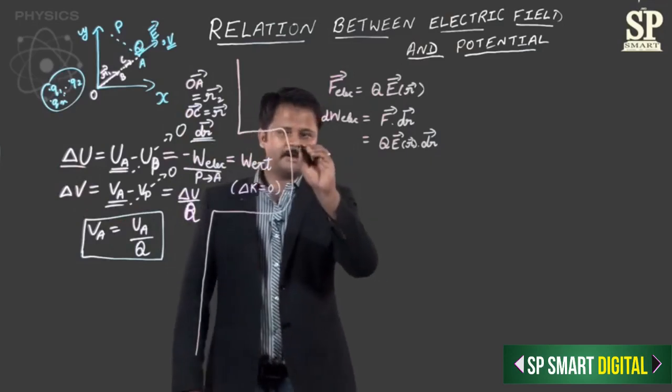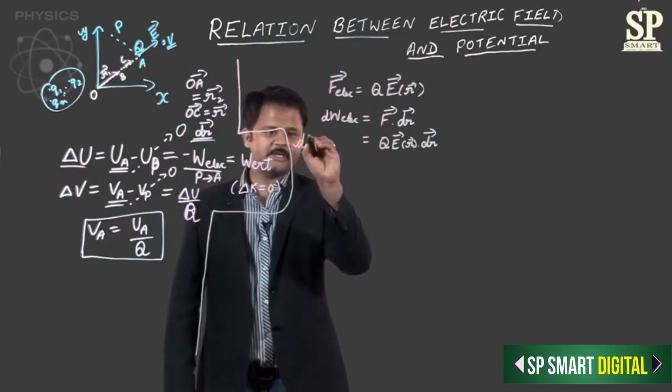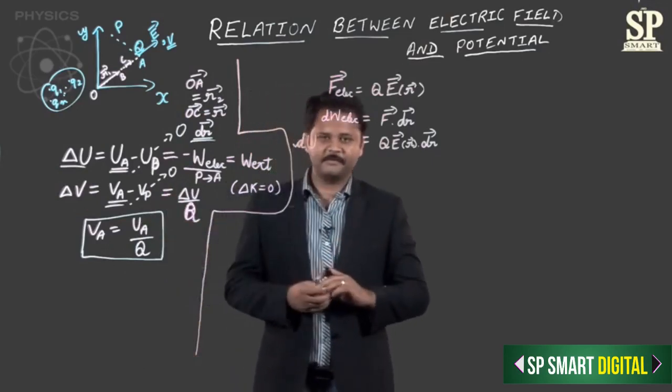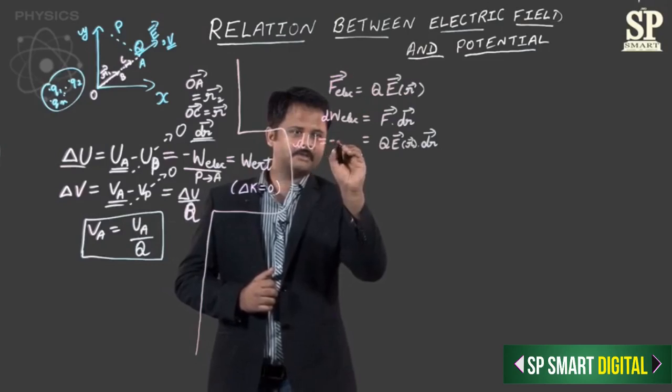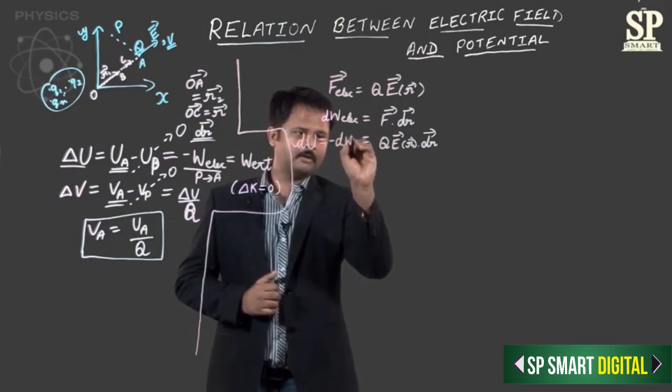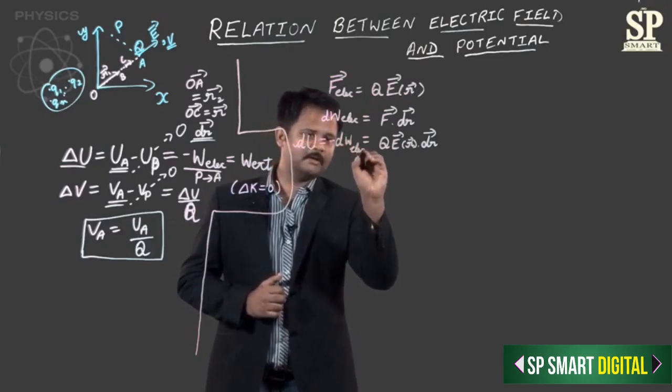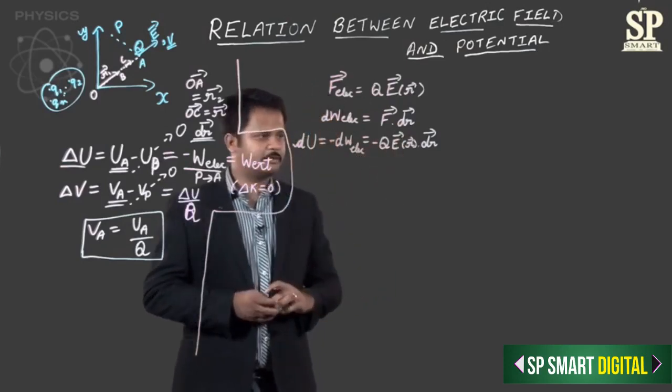So I can write dU, the small change in potential energy as a result of this small displacement, equal to minus dW electrostatic.